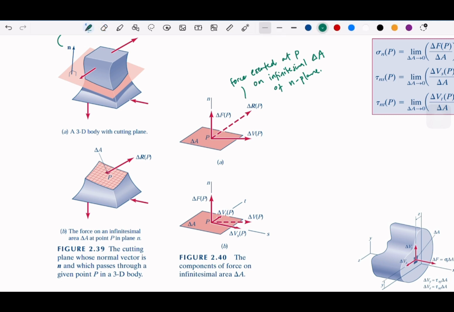So let me write here that the delta F and delta phi resolve into normal and tangential components.